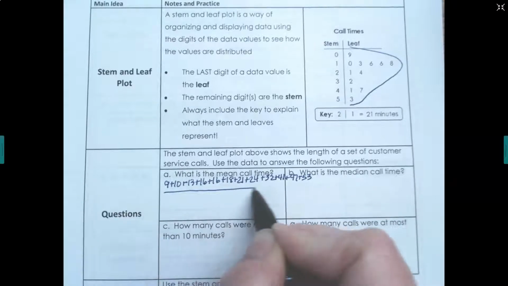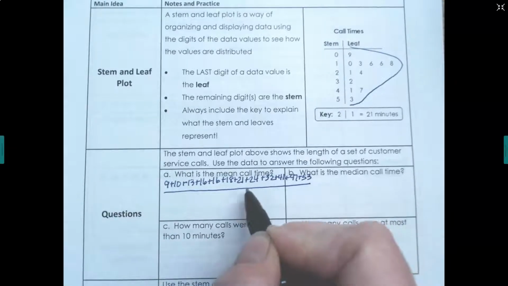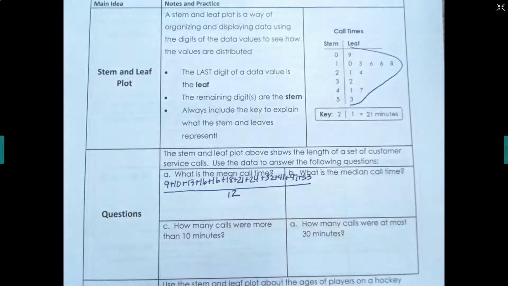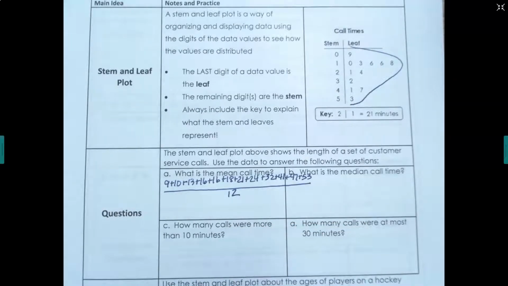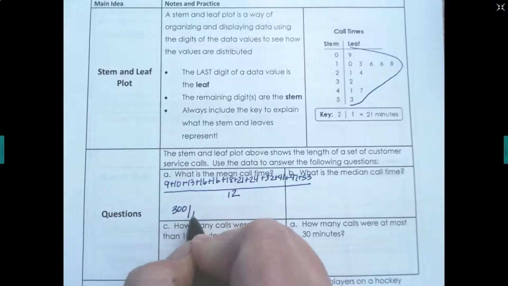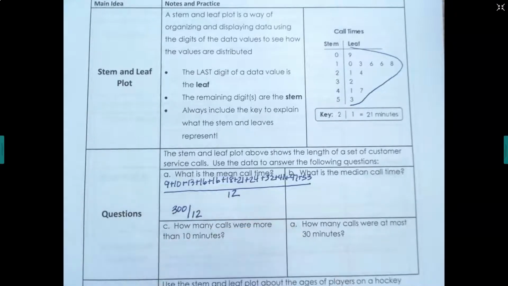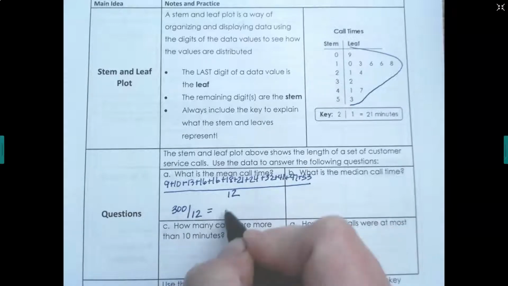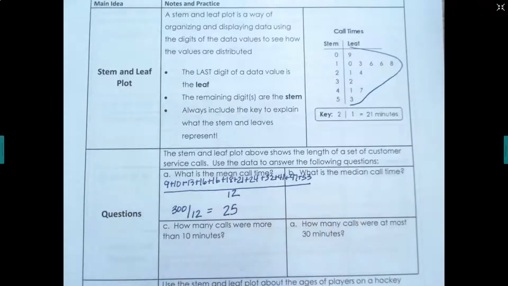And that's all going to be divided by, there are 12 total numbers. When I add that all up, I got 300 divided by 12 would give me a mean of 25. Okay, so we have the average number.